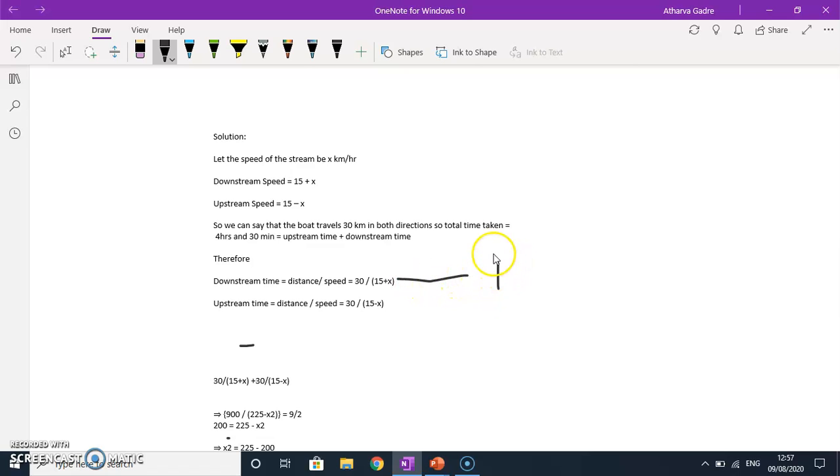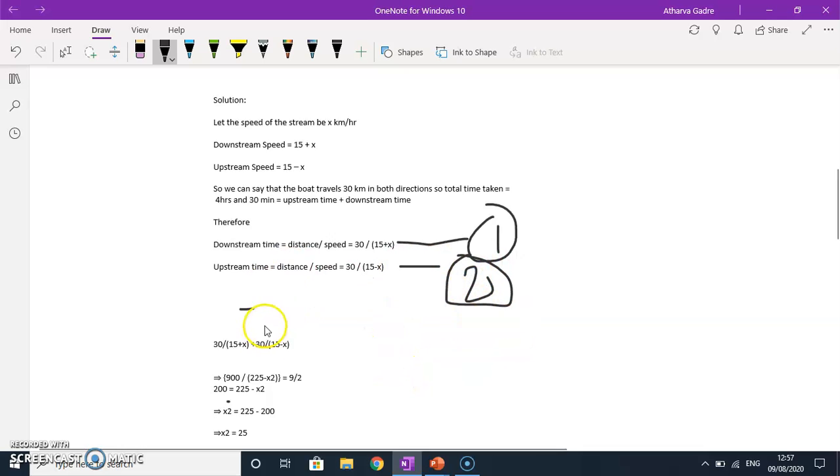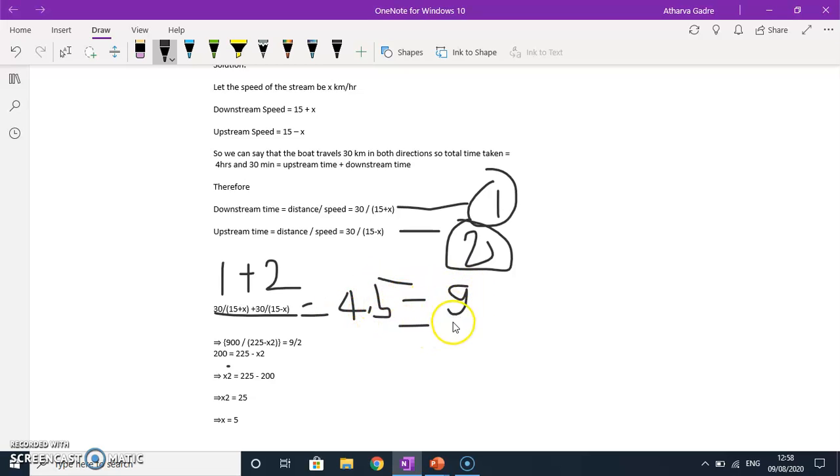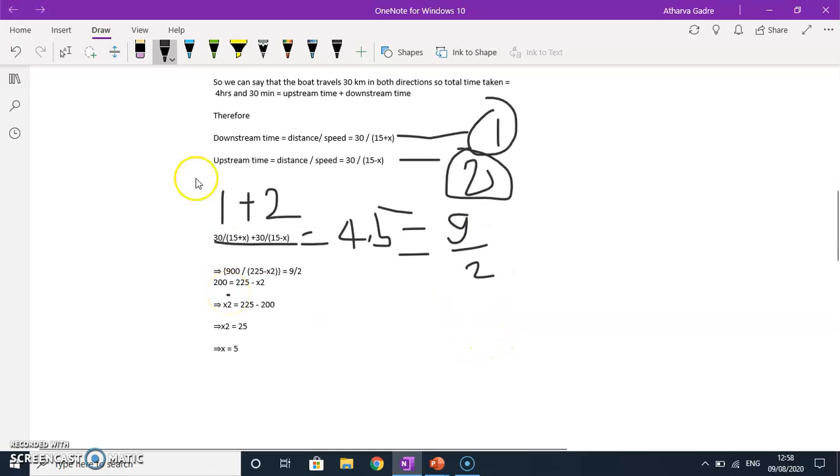Let us name these equations 1 and 2. We add these two equations to get the total time. On the right hand side would be 4.5 hours. You can also write it as 9 by 2 hours because that would be easier to solve. When you solve these equations, the LCM on the left hand side gives 900 divided by 225 minus x square equal to 9 by 2.